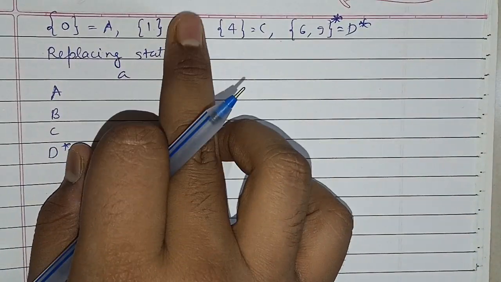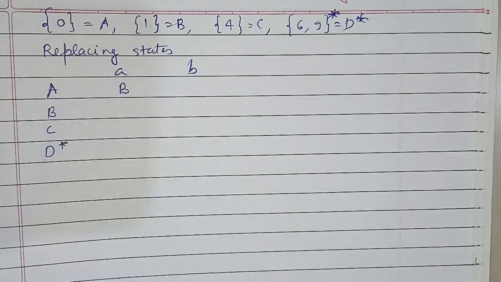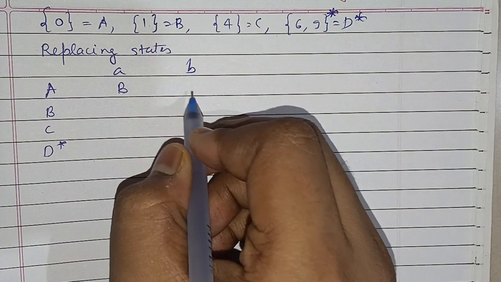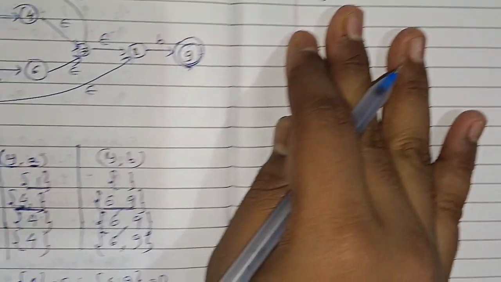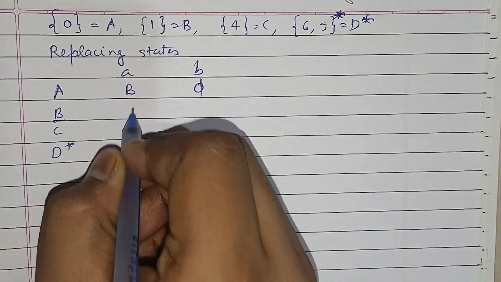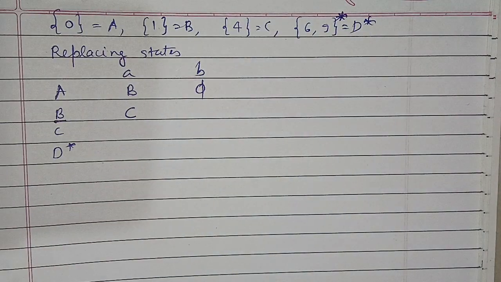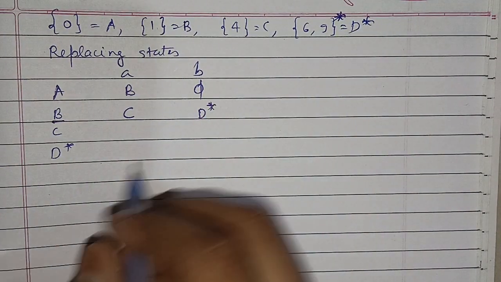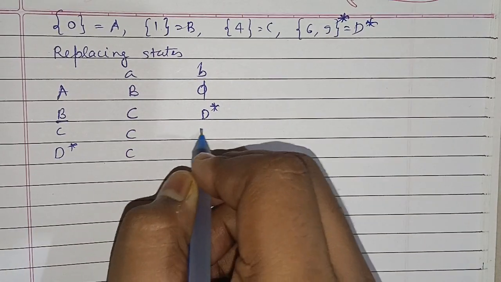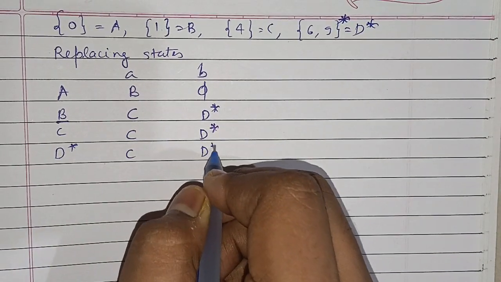So 1 is B. So we will write B and none. So we will write 5. Okay, for B, we got 4. And here 4 is C. So we will write C. And we got here 6 comma 9. 6 comma 9 is D star. I will write here D star. Same, I got this C, C and this D star, D star.